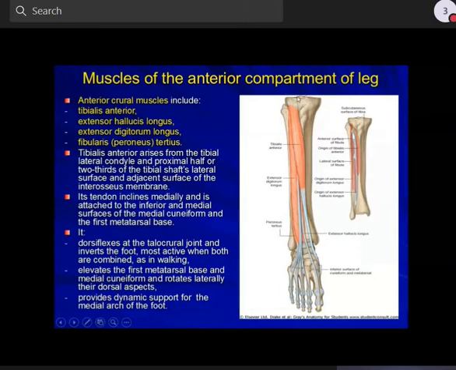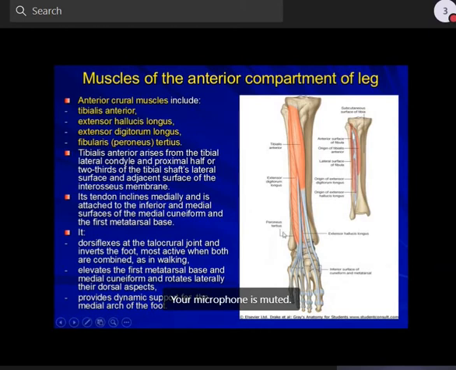In the anterior extensor compartment, we have only three muscles that enter the foot: tibialis anterior is the most medial. The most lateral is extensor digitorum longus, and between both and deep to them is extensor hallucis longus.